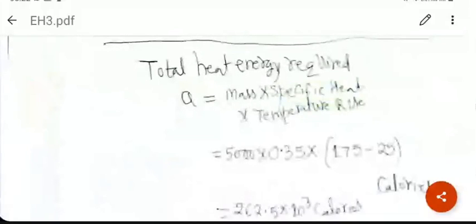So mass is 5,000 gram. I have to use the mass in grams into specific heat into temperature rise in Celsius. Using this equation, I get the total energy required in calories: 262.5 multiplied by 10 to the power 3.